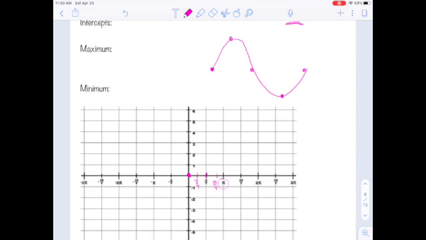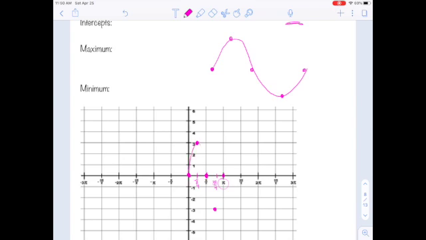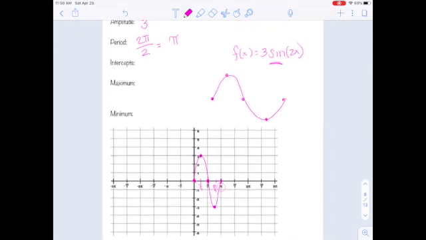And then our amplitude got changed to be 3. So go all the way up to 3 for your next point at pi over 4, and then back to the x-axis at pi over 2, down to -3 for 3 pi over 4, and back to the x-axis. So this is your horizontal shrink, technically, and a vertical stretch by a factor of 3.